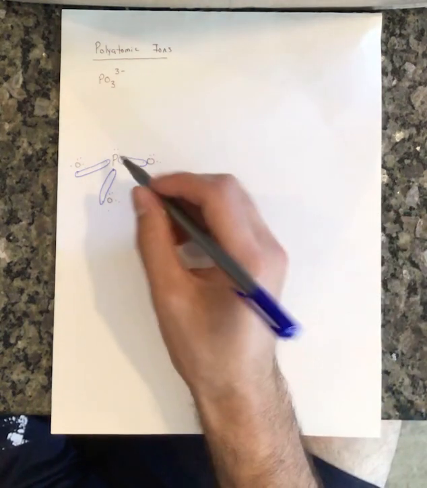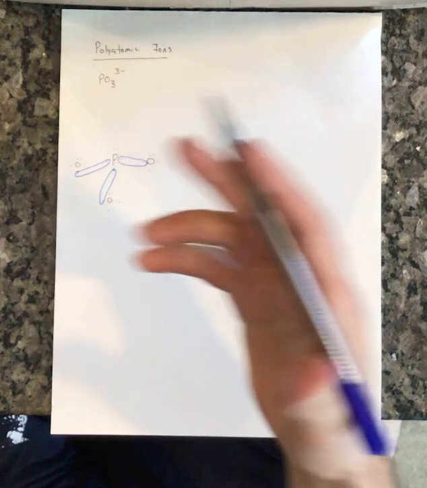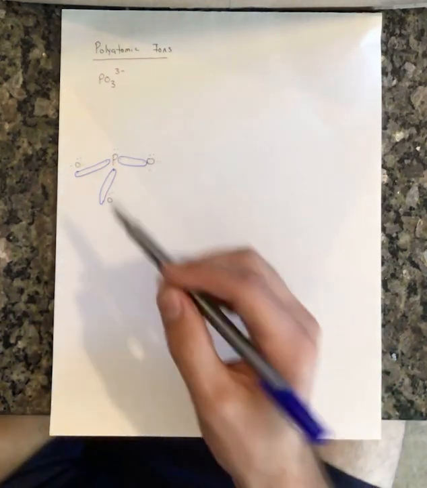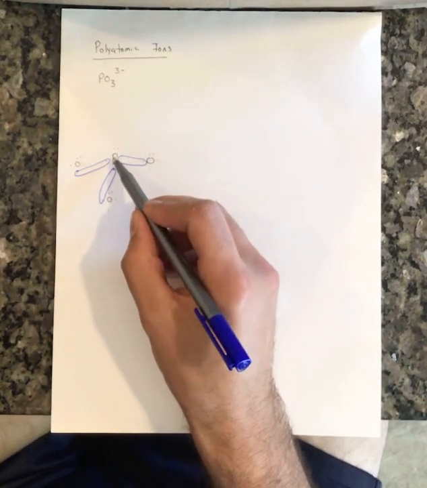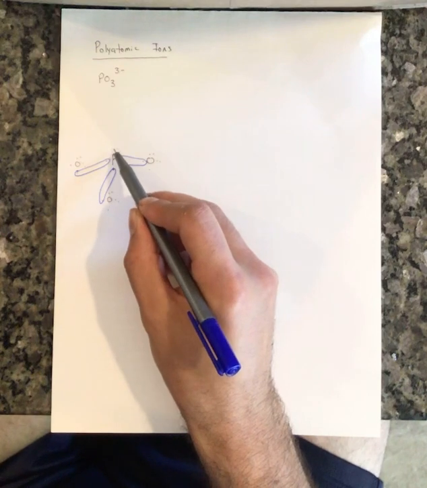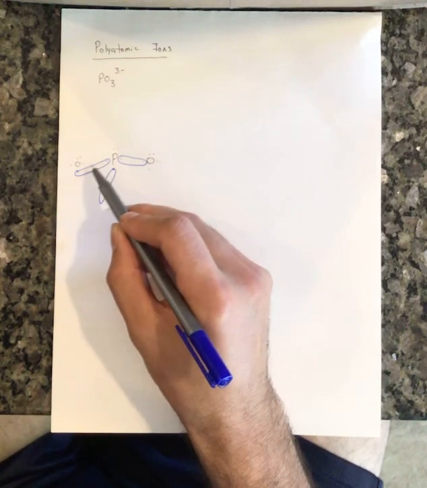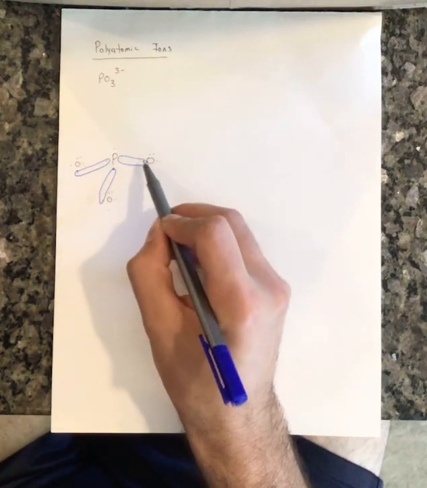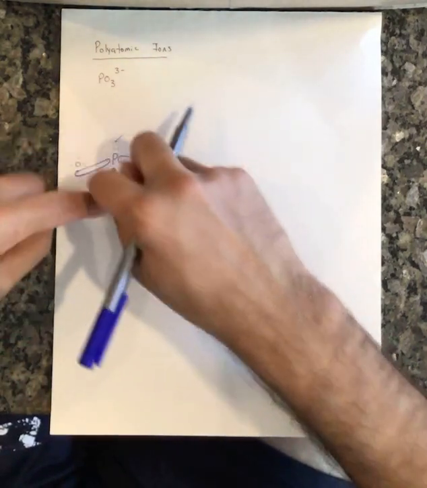Now, one thing you need to remember is that we cannot break the octet rule. A lot of people will try and fit a double bond somewhere, but that's not good, because if you look at phosphorus in the middle, it has 1, 2, 3, 4, 5, 6, 7, 8. Phosphorus is happy, so we can't add any more electrons there.